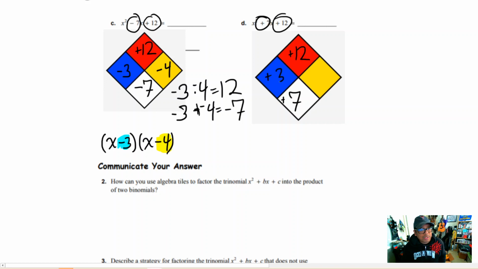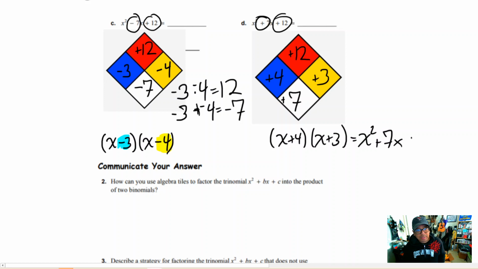It's going to be plus 3 and plus 4. And by the way, it doesn't matter if you do plus 3 and plus 4 or plus 4 and plus 3. It's the same thing. So x plus 4 times x plus 3 is equal to x squared plus 7x plus 12.